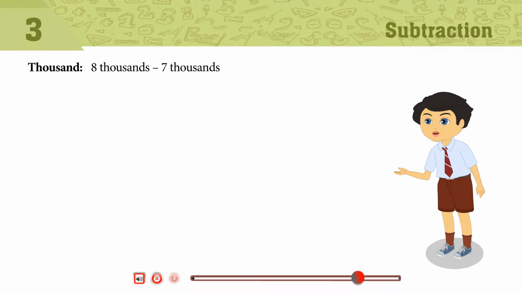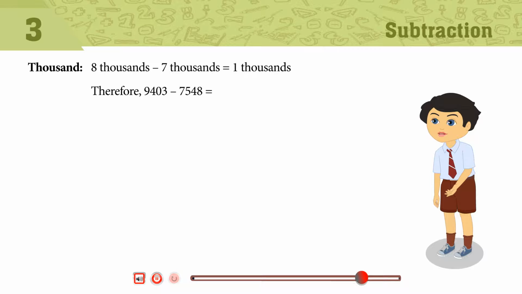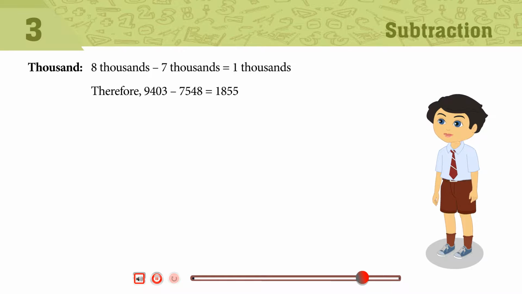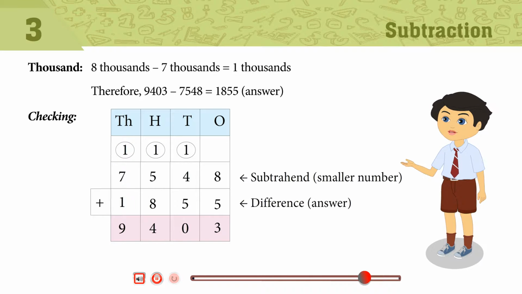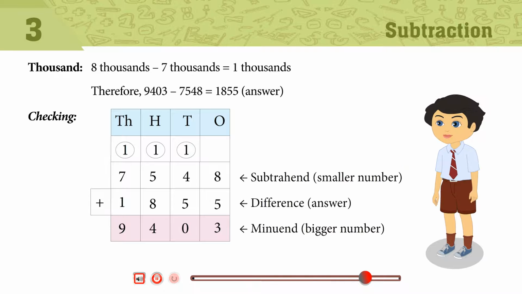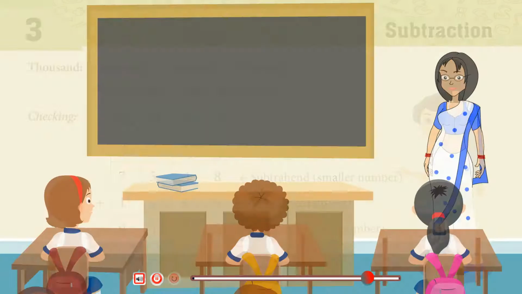Thousands. 8 thousands minus 7 thousands is equal to 1 thousand. Therefore, 9,403 minus 7,548 is equal to 1,855. Answer. Checking. Subtrahend, smaller number, plus difference, answer, is equal to minuend, bigger number. Therefore, the solution is correct.